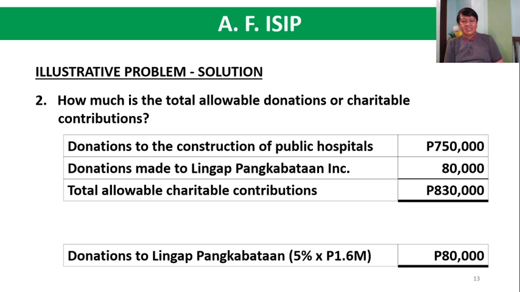So, this is the answer to question number 2, wherein we computed for the limit of donations to Lingap Pangkabataan Incorporated. The allowable deduction is 80,000 only because according to the ruling, only 5% of the net income is allowed if the institution is not accredited by the Bureau of Internal Revenue. Let's proceed to the last question. Question number 3.